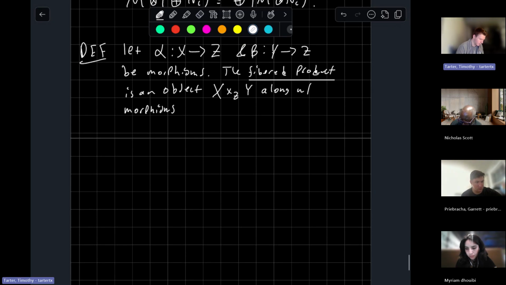I'm going to call these pi because they mean projection. Pi X from X fibered product Y to X, and pi Y from X fibered product Y to Y. There we go.